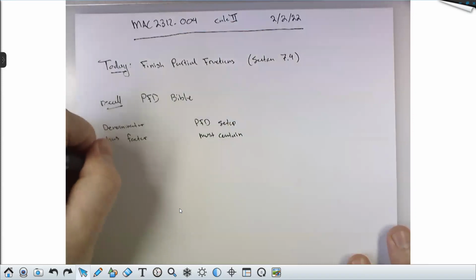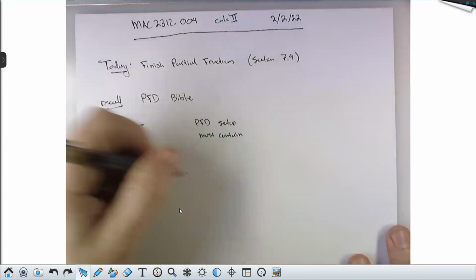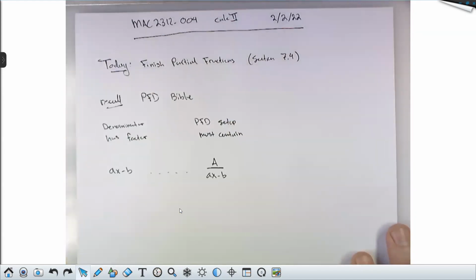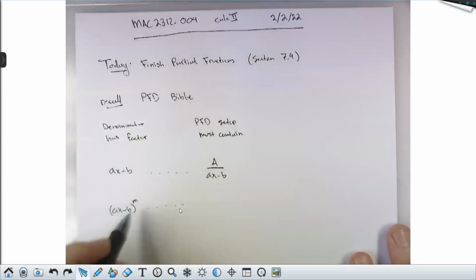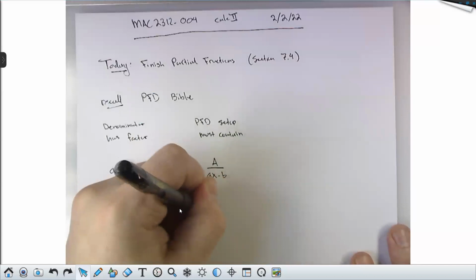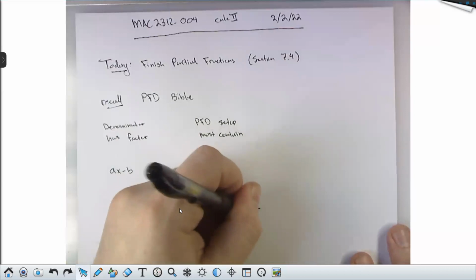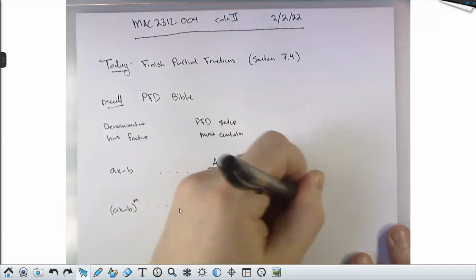So if we have a simple linear factor, something like ax minus b, then your PFD setup must contain a constant over that simple linear factor. If you had a repeated linear factor, then your PFD setup had to contain a bunch of terms, however many, whatever this power is. And the way we wrote this was a1 over ax minus b plus a2 over ax minus b squared, and you build all the way up to whatever that power is.